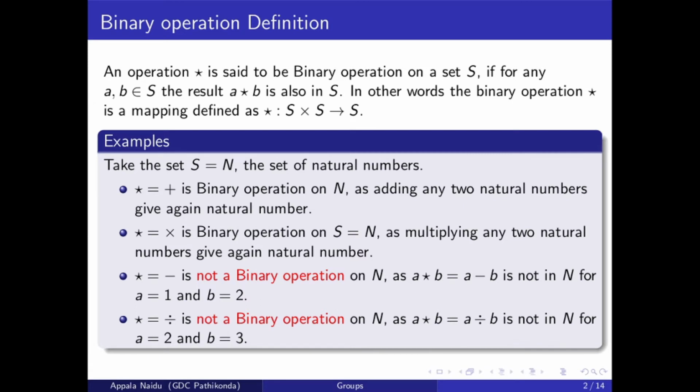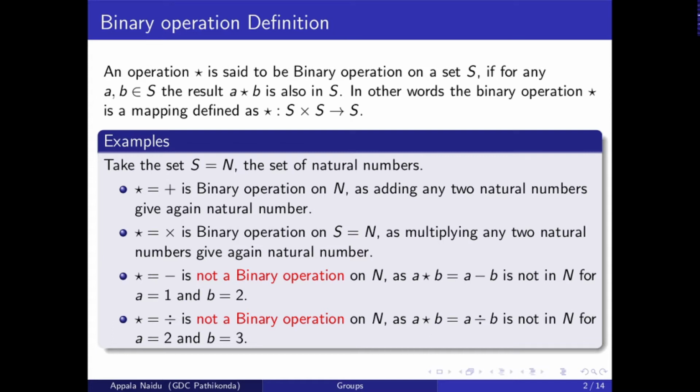So examples of binary operation are, now take S equal to N, the set of natural numbers, and the operation star as plus. It happens that plus is a binary operation on the set of natural numbers, because if you take any two natural numbers and add them, the result will also be in the set of natural numbers.